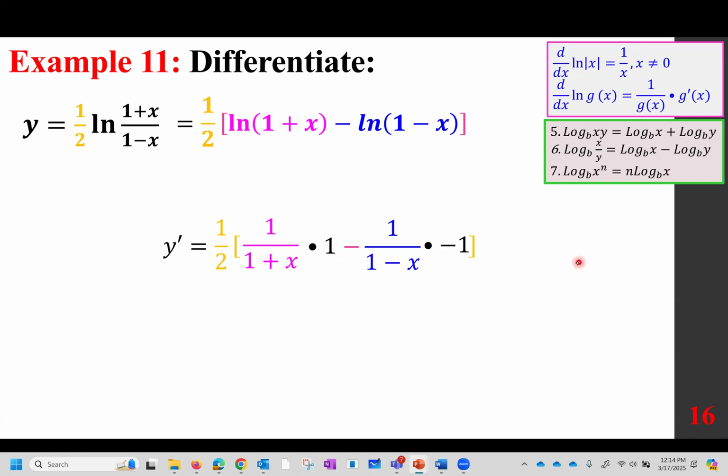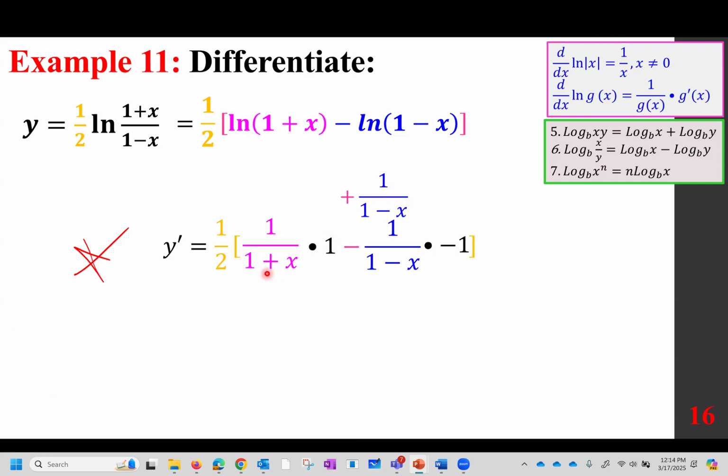Please understand this is the extent of your calculus, and I'm going to put the asterisk next to it. You're done with calculus. Now everything that we did here is algebra, and from here is algebra too. So this fraction is negative and negative plus 1 over 1 minus x. So this entire fraction is this.